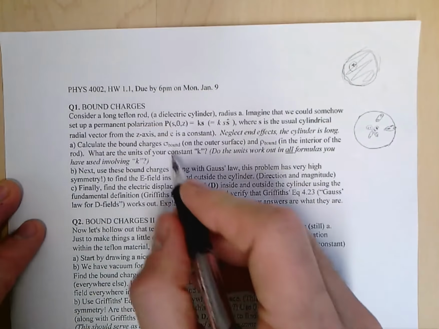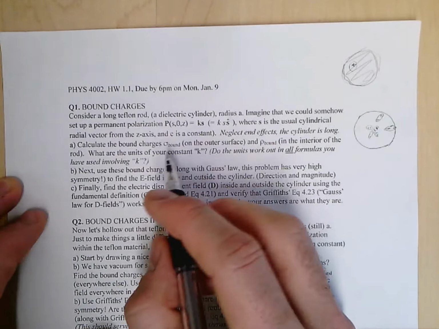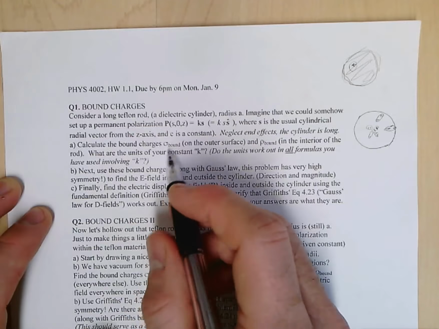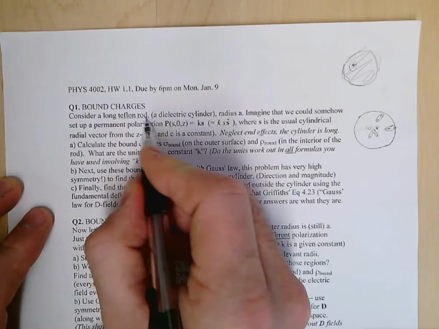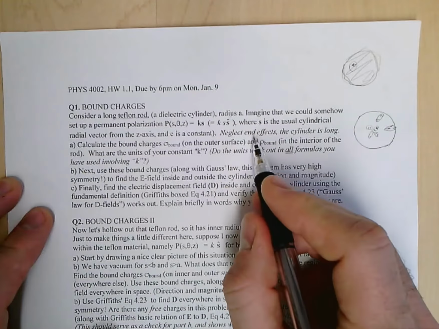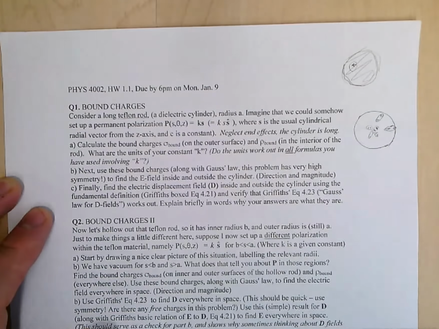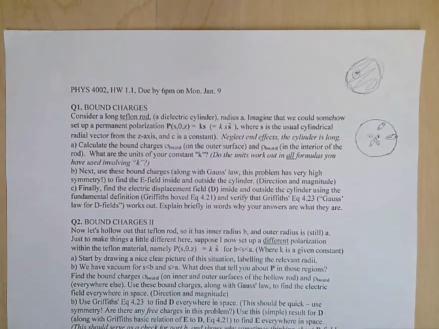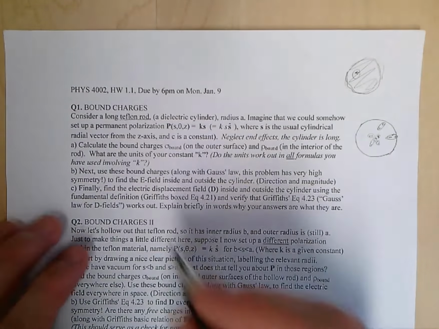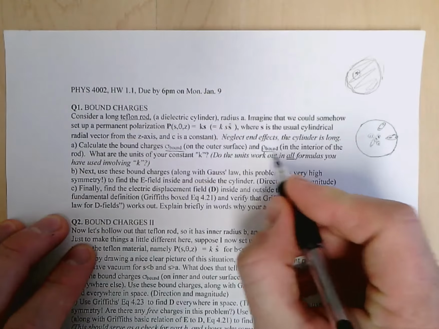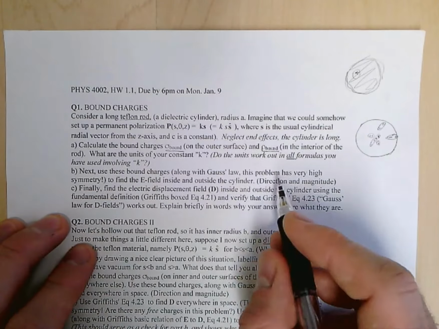And let's review what it is that we're actually trying to do here. So we've got a Teflon rod, and we have a radius a for this thing here. In a moment, I'll actually move to a fresh sheet here for actually solving the problem. We're supposed to calculate the bound charges. That's both sigma bound and rho bound.